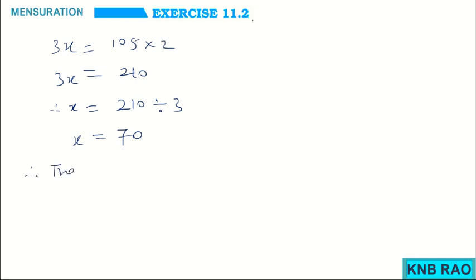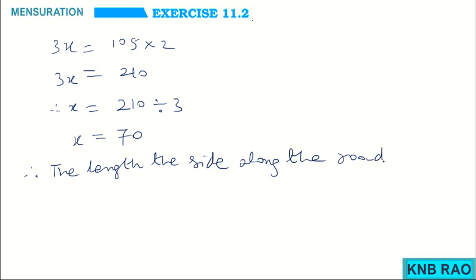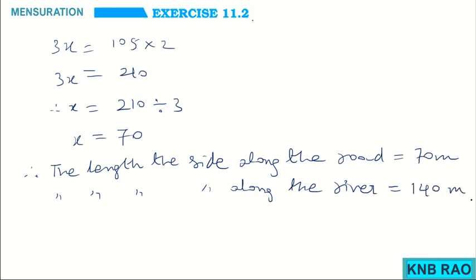Therefore, the length of the side along the road is 70 meter and the length of the side along the river is twice of this 70, which is nothing but 140 meter.